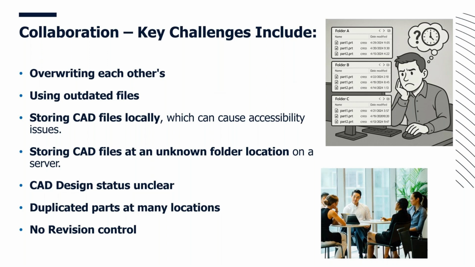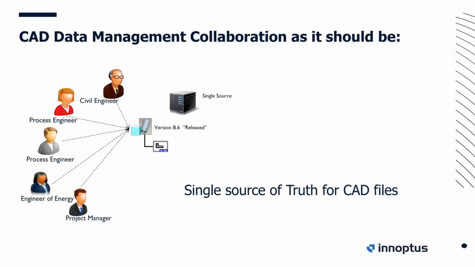So these challenges will also be solved with a PDM system and PDM Windchill. With PDM Windchill, all information is managed at one central place. It's easily accessible for anyone who needs it, and anyone always has the latest version available.